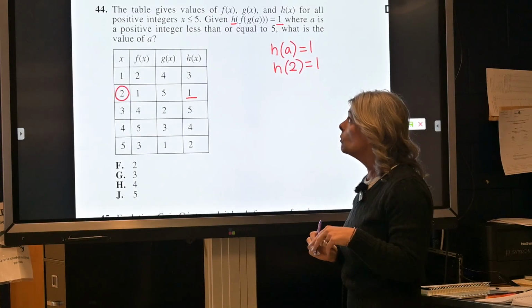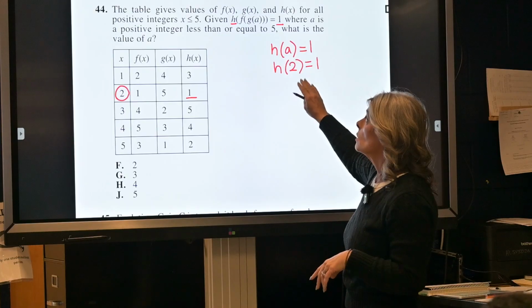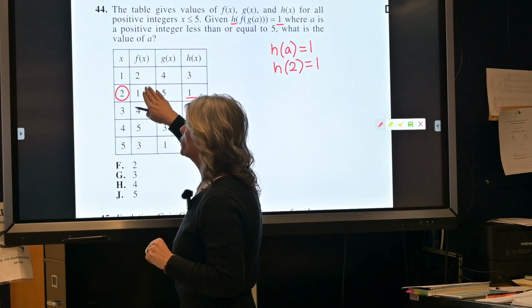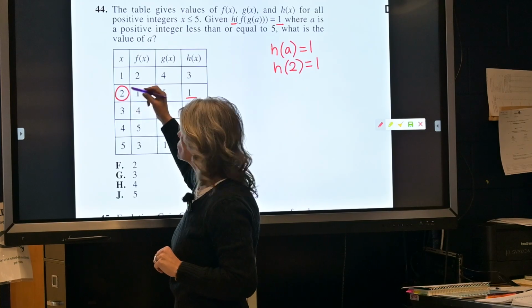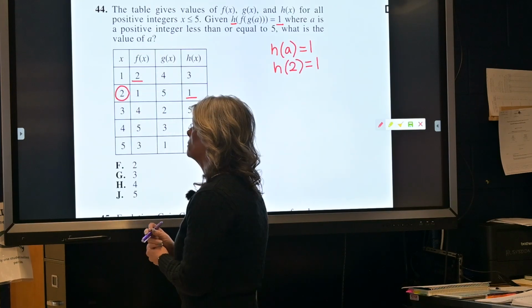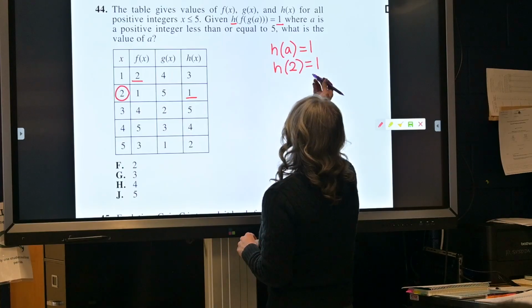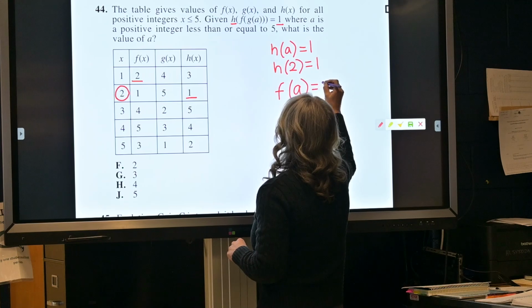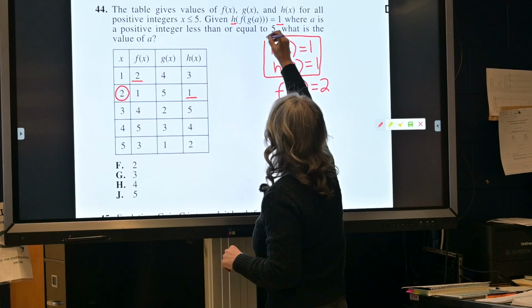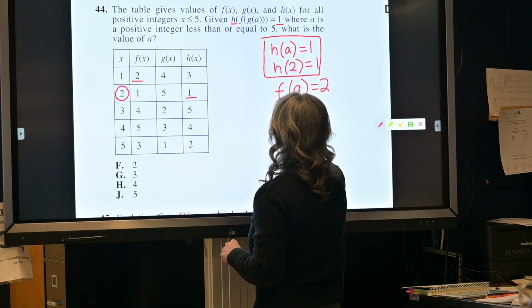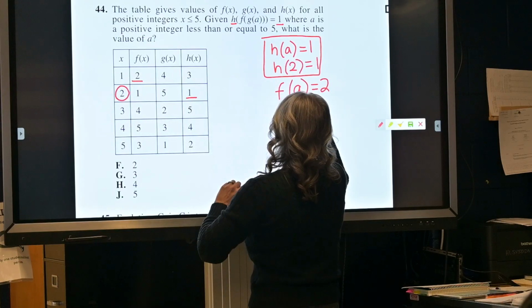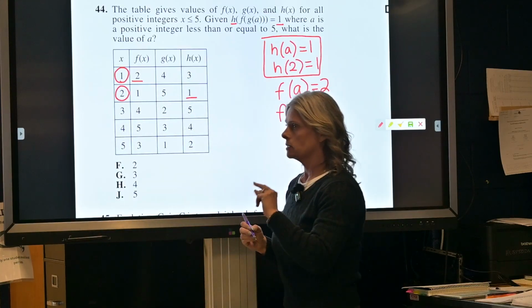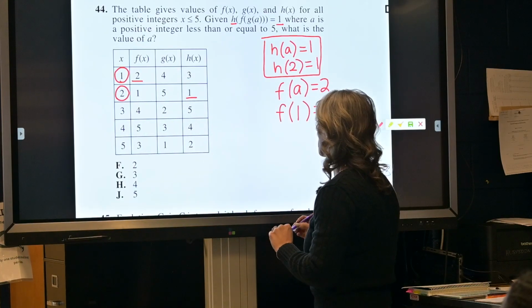Now that we have that 2, we're going to move into our F column and find the number that we circled, which was 2. So I'll write that down. F of a is 2, so these go together. And then F of 1 was 2. Do you kind of see how I'm going? Sort of-ish? Okay, so these go together.